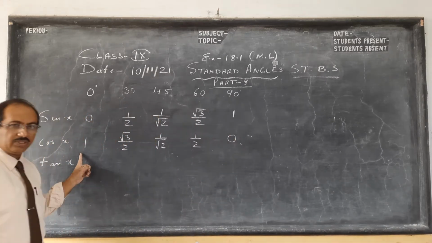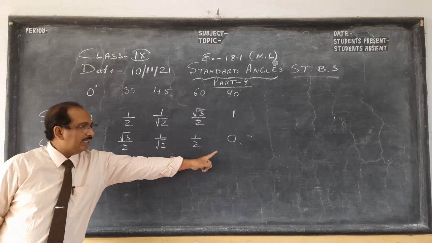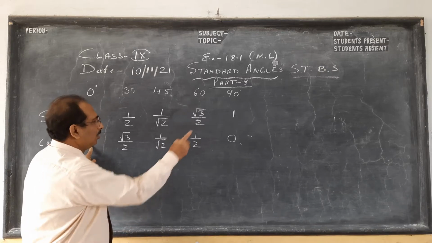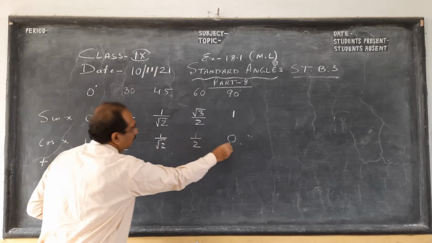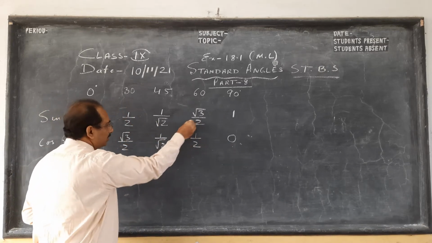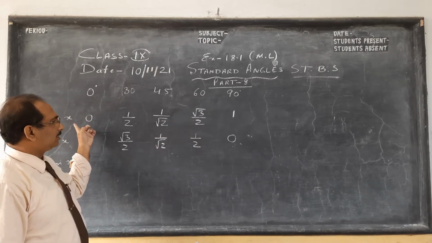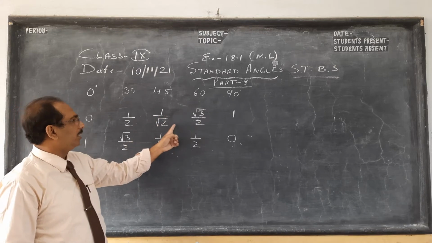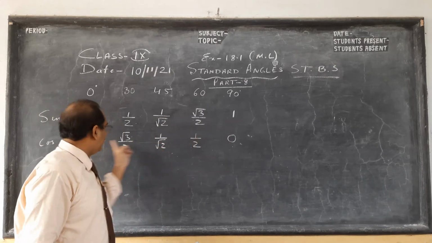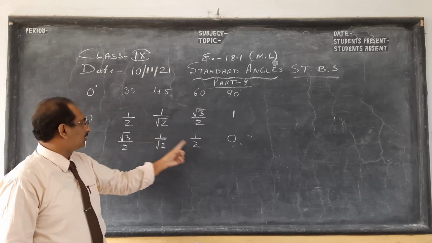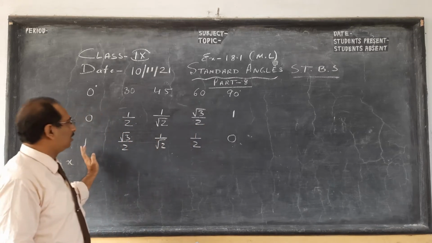Cos starts with 1 and ends with 0. So 1 comes here, 0 goes there. Otherwise you can see it like crisscross, this comes here, this comes here. So one way of remembering is that you write 0, half, 1 by root 2, root 3 by 2, 1 in reverse order, or crisscross. This remains the same, this comes here, 0 comes here, 1 comes here.